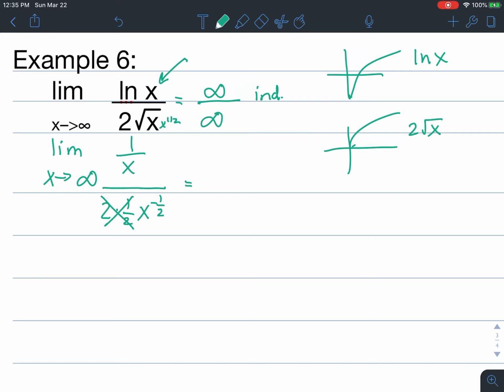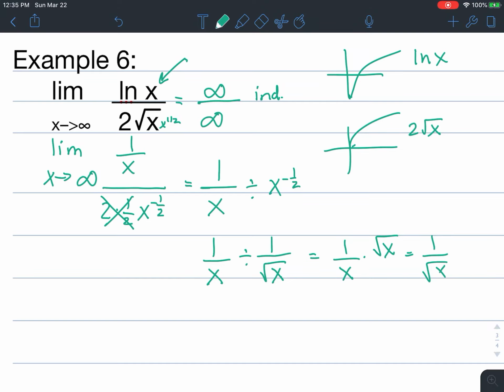So these would cancel, and I would get 1 over x divided by x to the negative 1/2, which is 1 over x divided by 1 over square root x, which is 1 over x times square root x. And that would equal 1 over the square root of x.